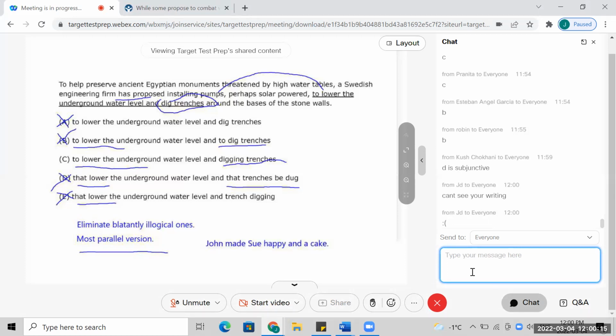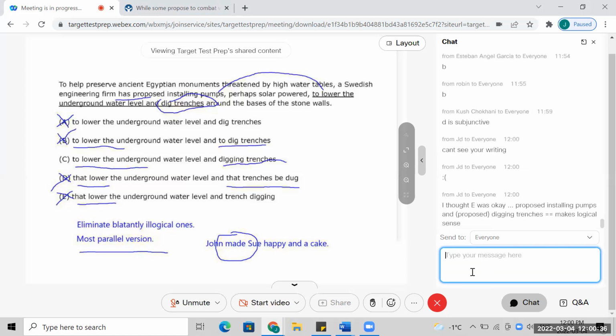That's why the most parallel version is going to be correct, because we can't use the same word to mean two different things. So if anybody is wondering why the most parallel version is correct, it's because generally when they're not the same, E is a little more subtle. I don't know. We won't go over that too much, because we're out of time. Yeah, E is sort of okay.